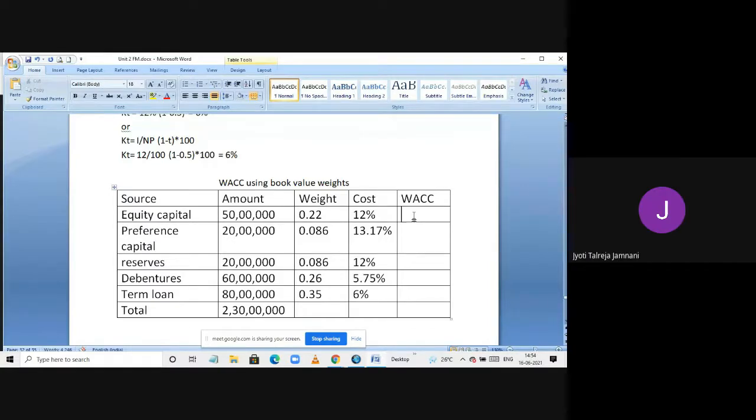Now multiply 0.22 into 12, 2.64%. 0.086 into 13.17, 1.13. 0.086 into 12, 1.032. 0.26 into 5.75, 1.495.